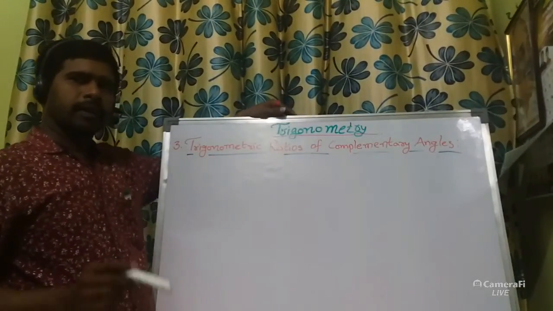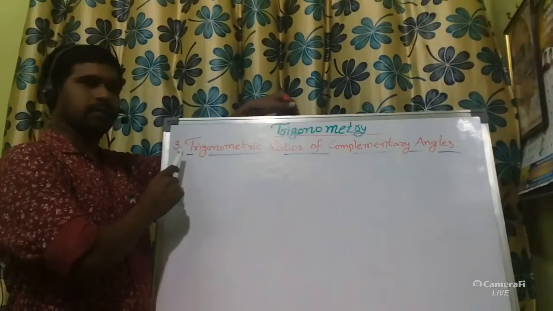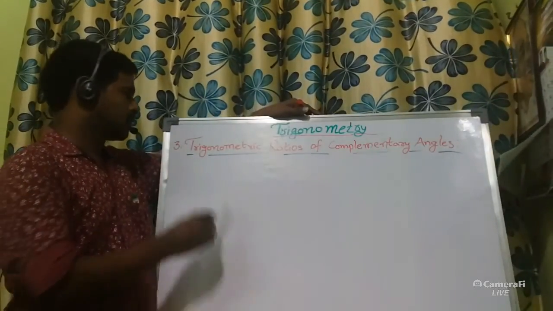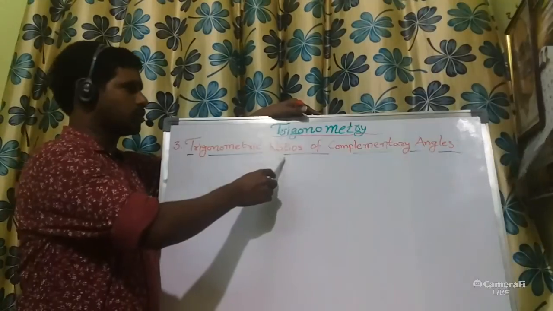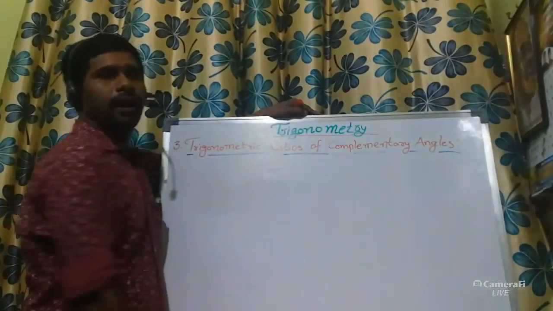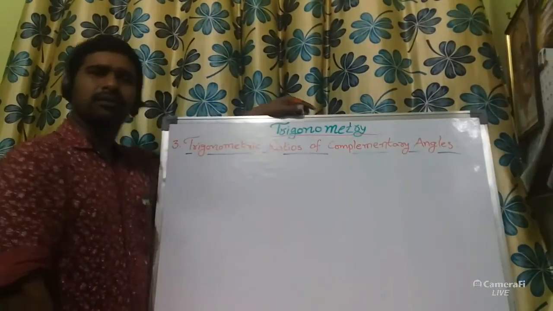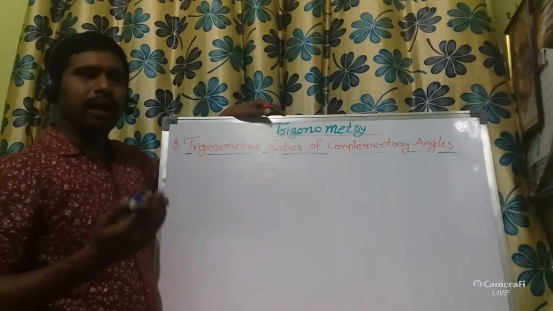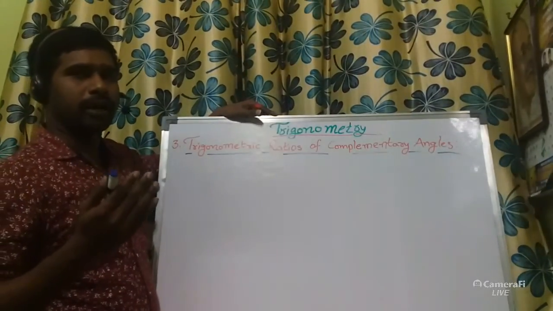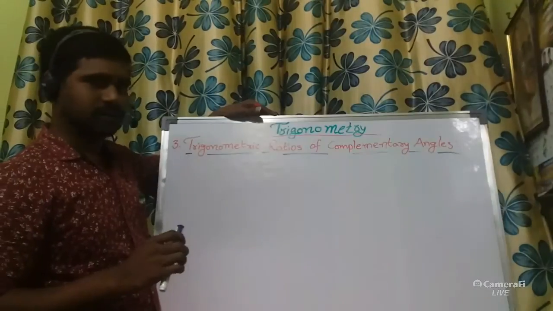Okay, today we have to discuss that third topic, trigonometric ratios of complementary angles. Complementary angle means the sum of two angles, to complementary angles, is known as 90 degrees.